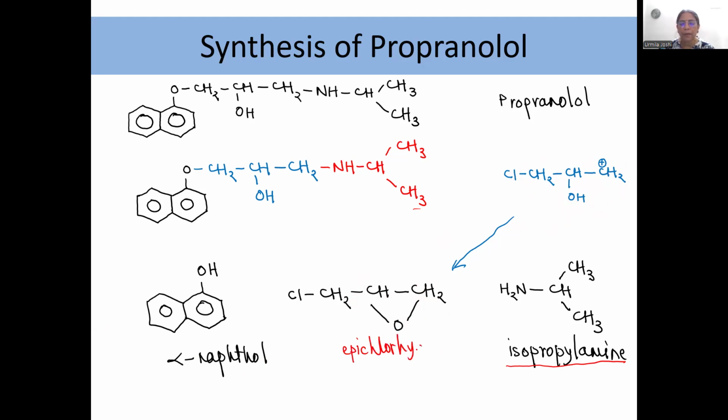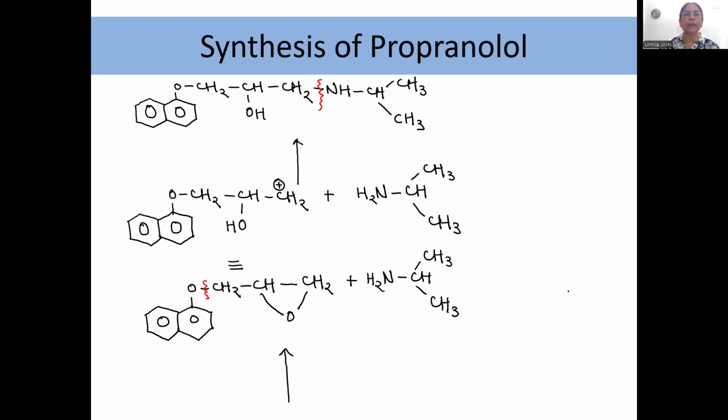Now, when you look at the problem of synthesis, you will realize that you need to have alpha naphthol, you need to have epichlorohydrin, and you need to have isopropylamine. Now the synthesis of propranolol, I will try to teach you by a backward synthesis way. Look at this structure.